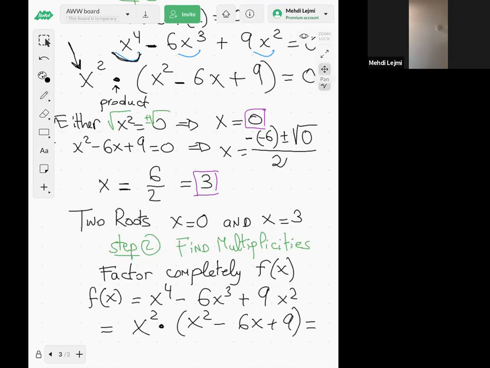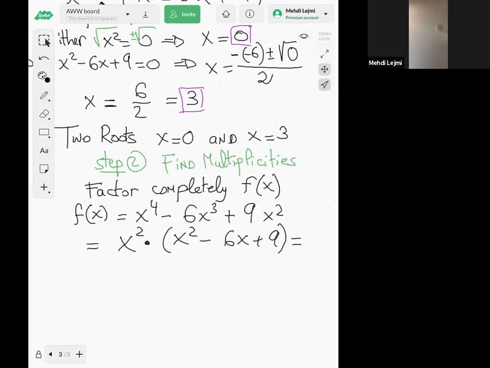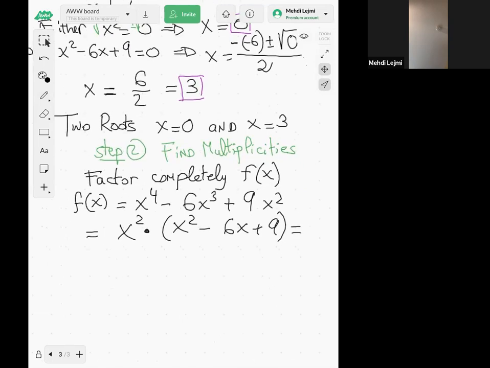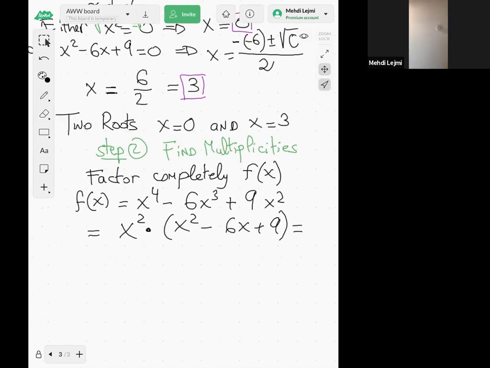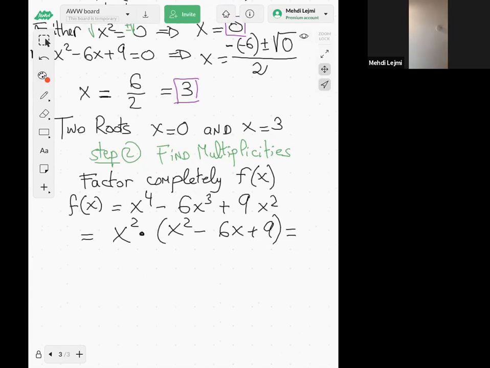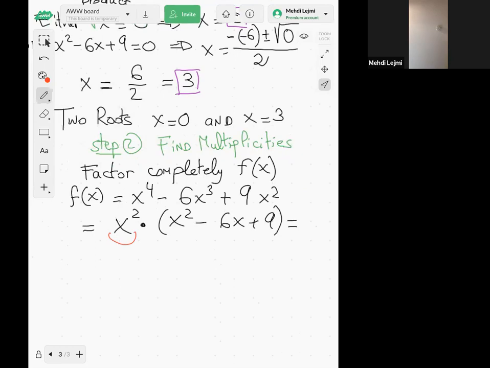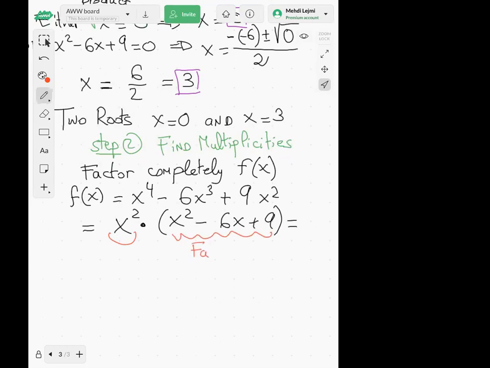Now, how do you factor? We need the complete factorization, so we have to finish the factorization here. We are done with the x squared, that's my first factor. But then we have to factor x squared minus 6x plus 9.